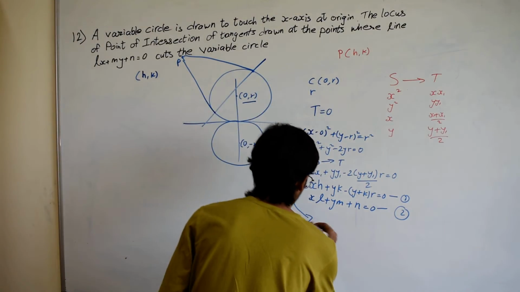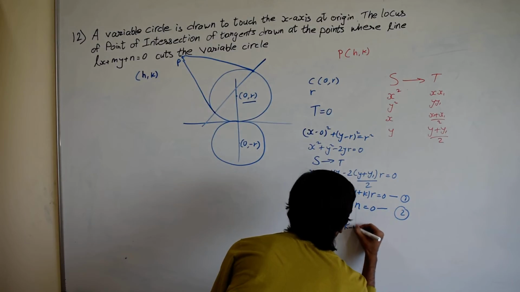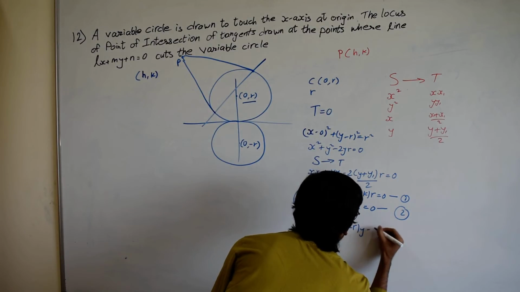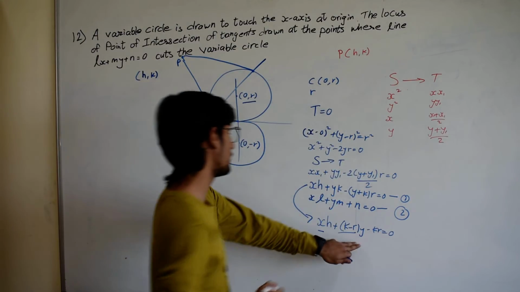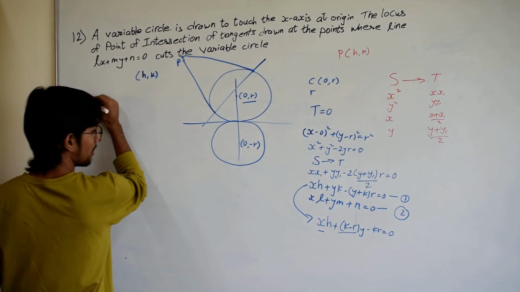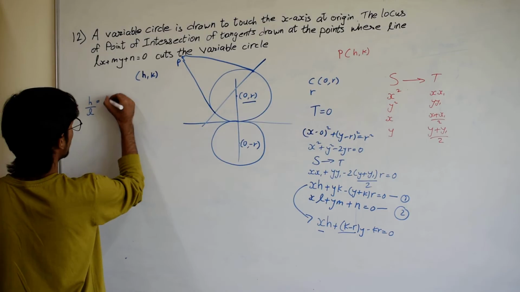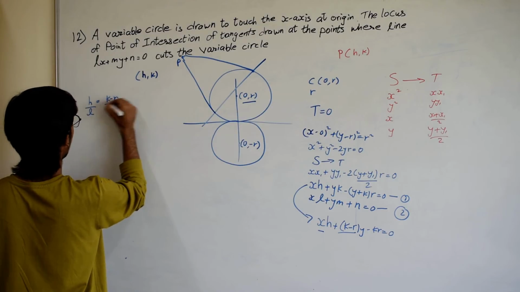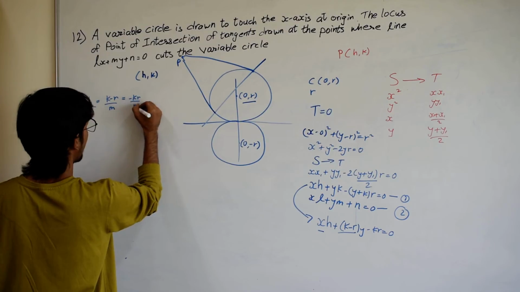The first equation would become xh plus (k minus r)y minus kr equals 0. We have just written the coefficients of y together. Now it becomes h by l equals (k minus r) by m equals minus kr by n.